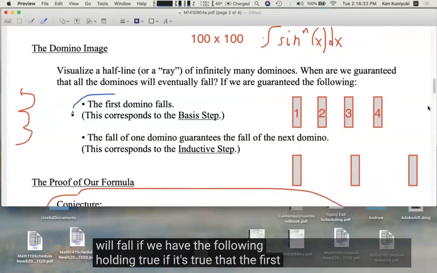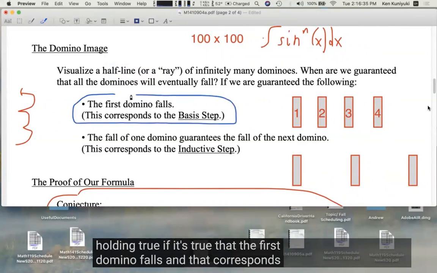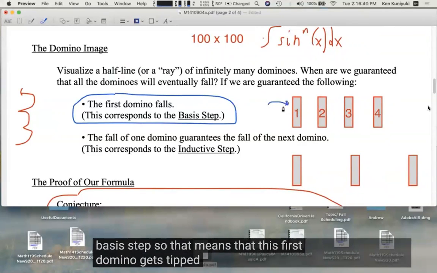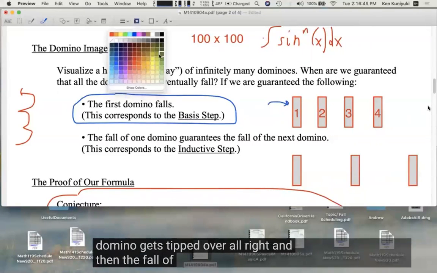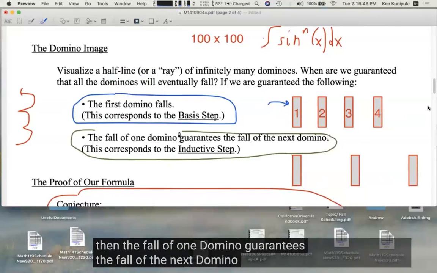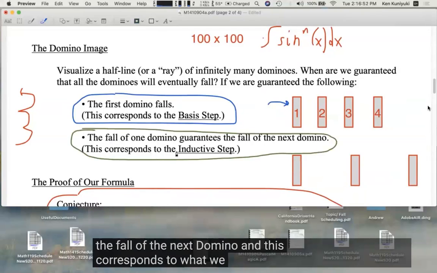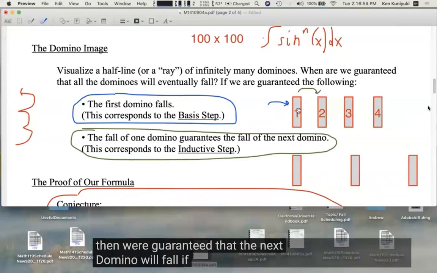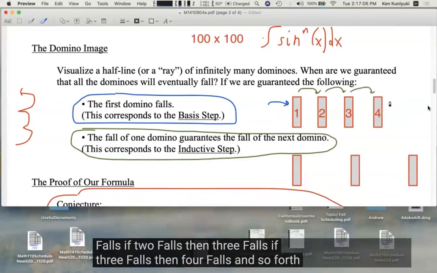If it's true that the first domino falls, and that corresponds to the basis step, so that means that this first domino gets tipped over, and then the fall of one domino guarantees the fall of the next domino. And this corresponds to what we call the inductive step. So if one domino falls, then we're guaranteed that the next domino will fall. If one falls, then two falls. If two falls, then three falls. If three falls, then four falls, and so forth.